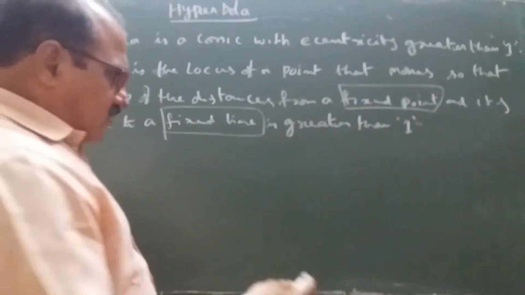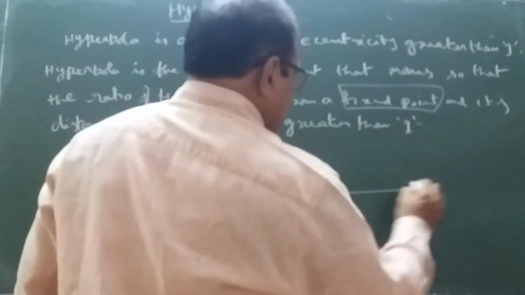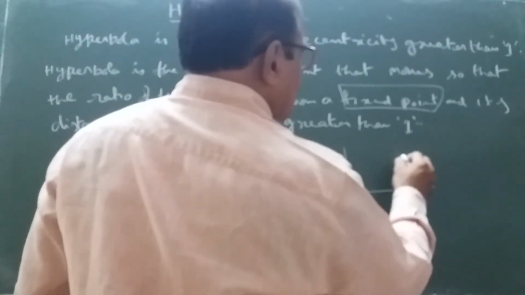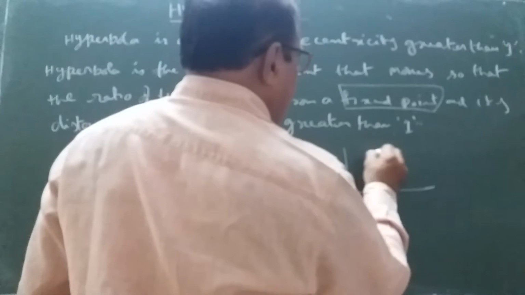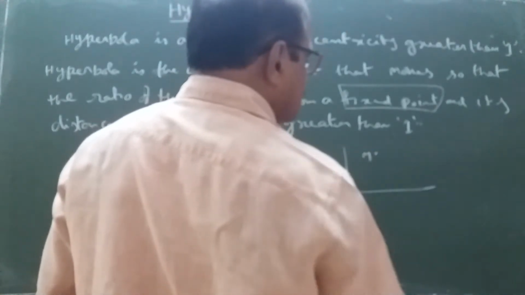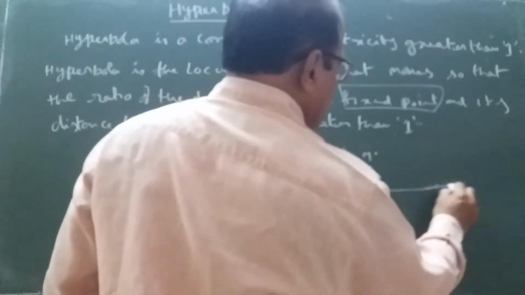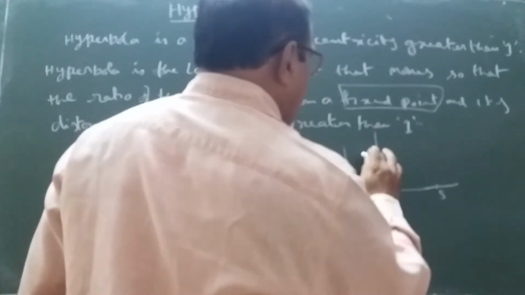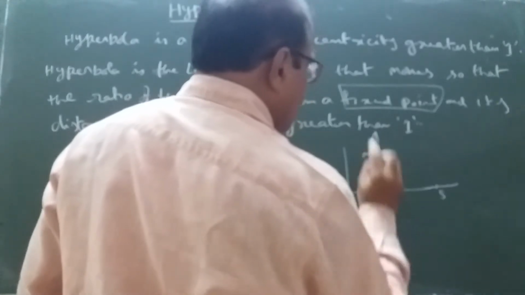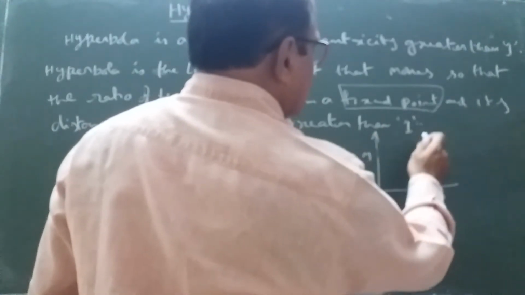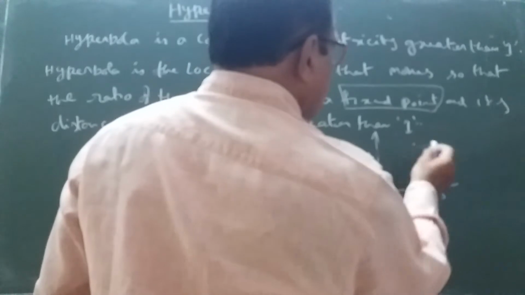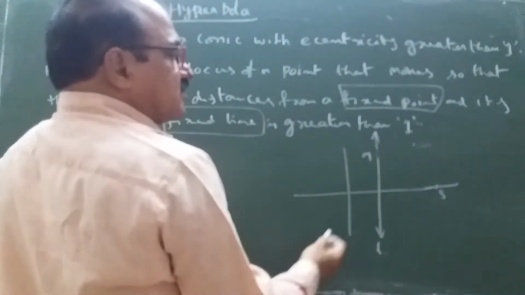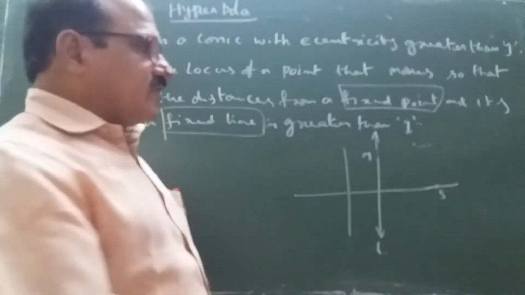Okay. Now I will explain something. Suppose this is a fixed point S, and this is a fixed straight line L. There is a point moving such that the ratio of its distance from the fixed point to its distance from the fixed line is greater than 1.